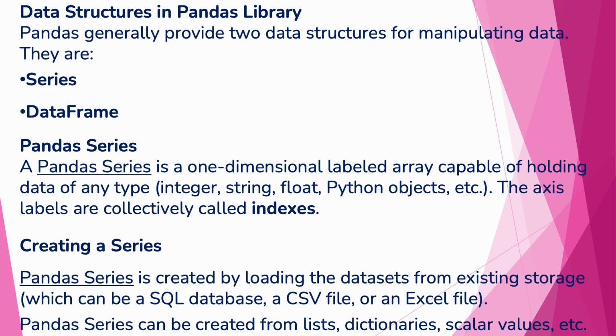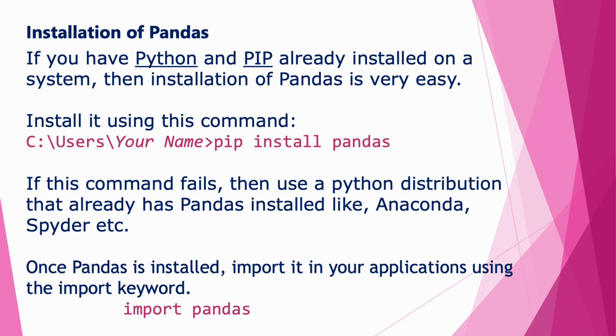Okay, so we'll just see how a series is being created. Now, before that, if you are not using the Anaconda Navigator, we can install pandas in your system by using pip installation. So in the command prompt, you have to type pip space install pandas, and if you are connected to the internet, it will directly download pandas and install it.